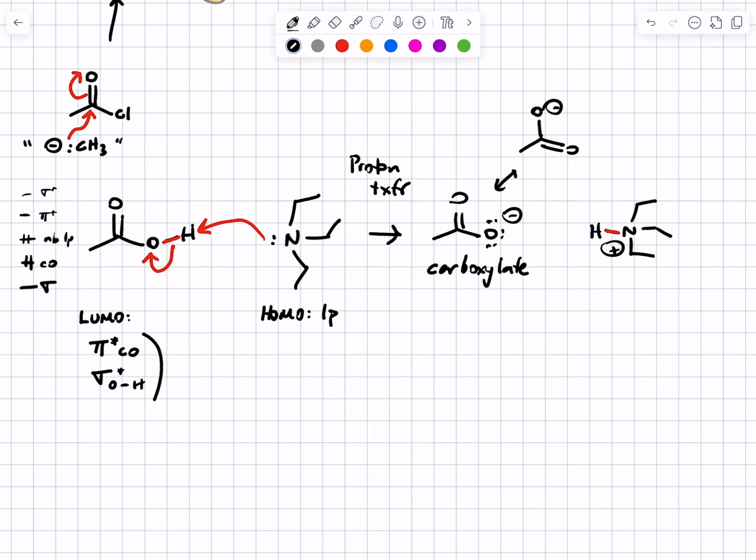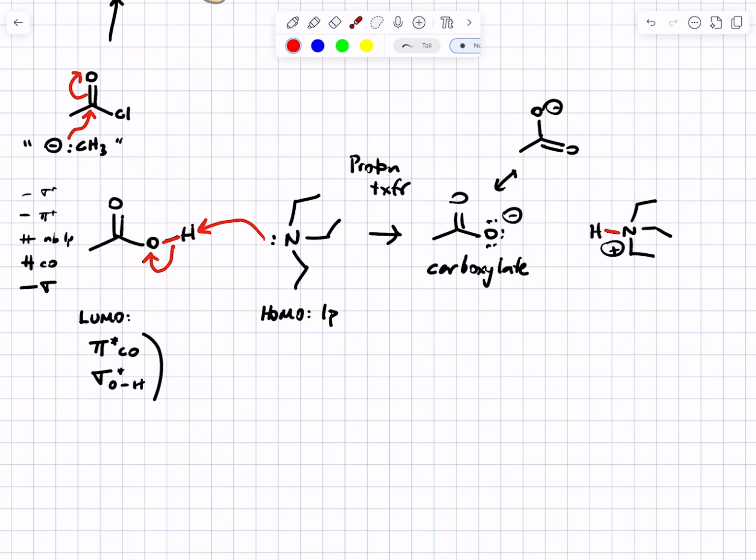So for right now, as long as you recognize that what happened here and came up with, gee, that's weird, that the OH sigma star is probably the LUMO here, that's fine. And if you're uncomfortable with it, that's fine. I wouldn't have asked you to predict this yet.